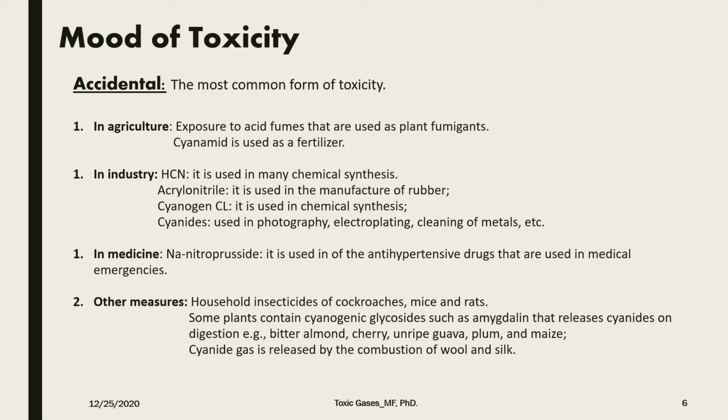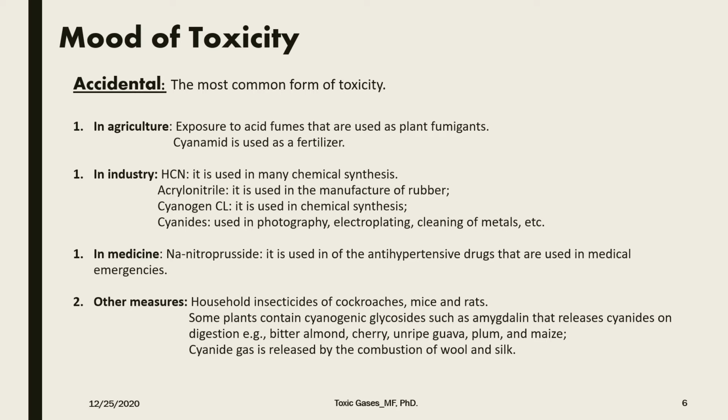Some edible plants contain cyanogenic glycosides, which release cyanide in the stomach by the effect of the gastric acid. Examples of these plants are bitter almonds, cherry, unripe guava, plums, and maize.